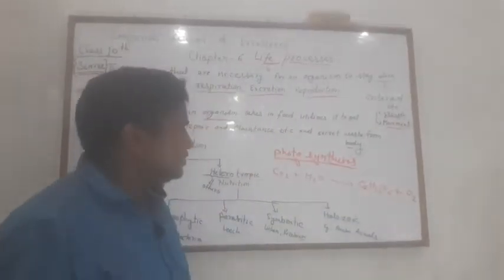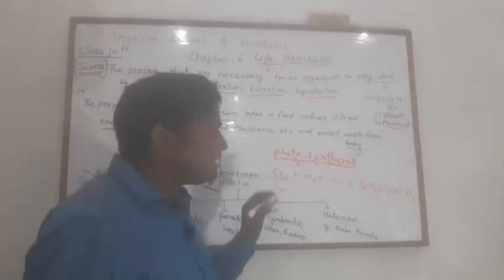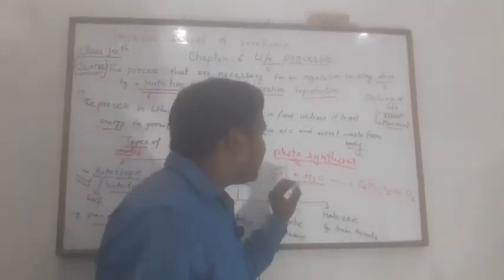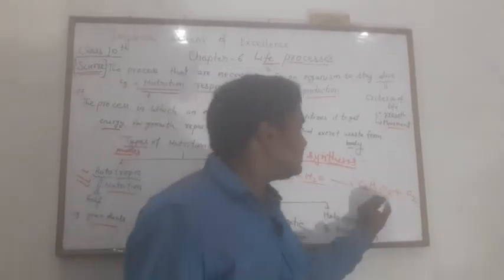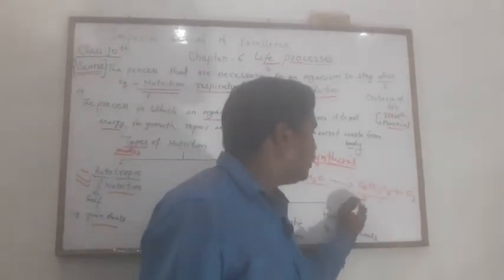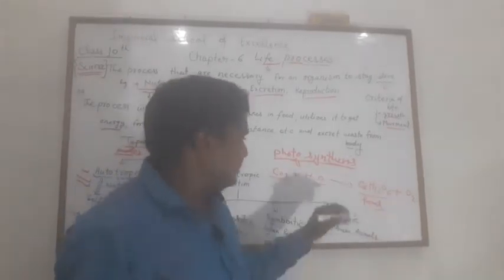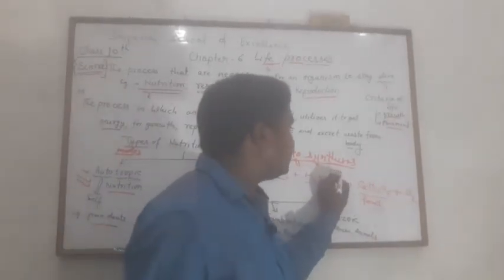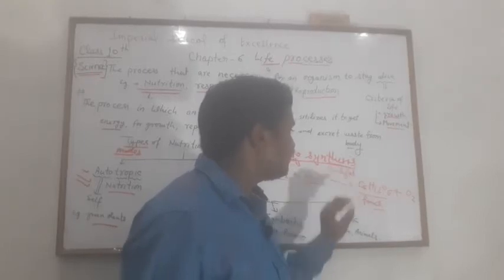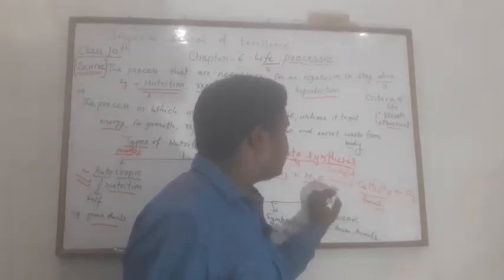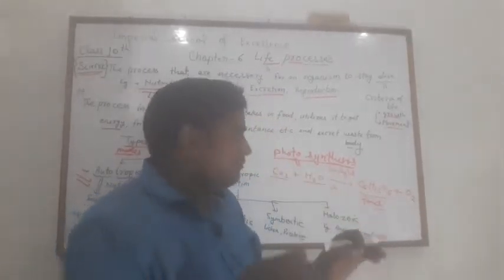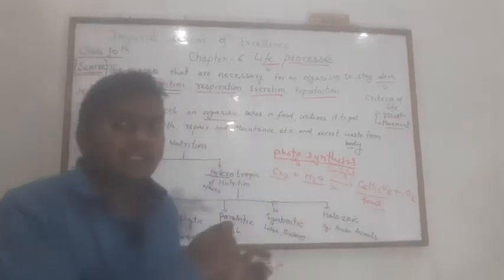Okay, so see, carbon dioxide is a raw material here, water is a raw material here, and this is the glucose, which is a food here. Sunlight is necessary for photosynthesis, and chlorophyll is necessary, the green substance by which green plants are green.